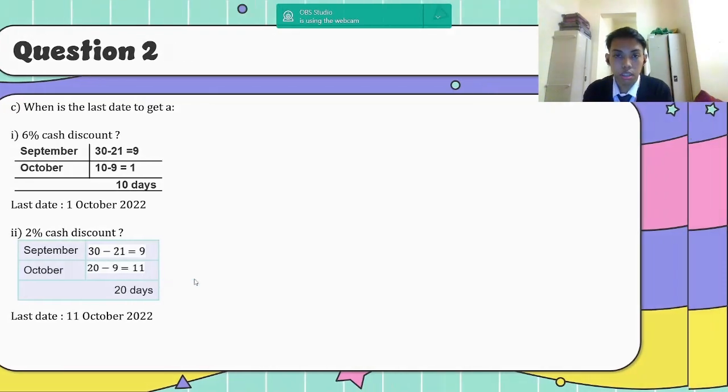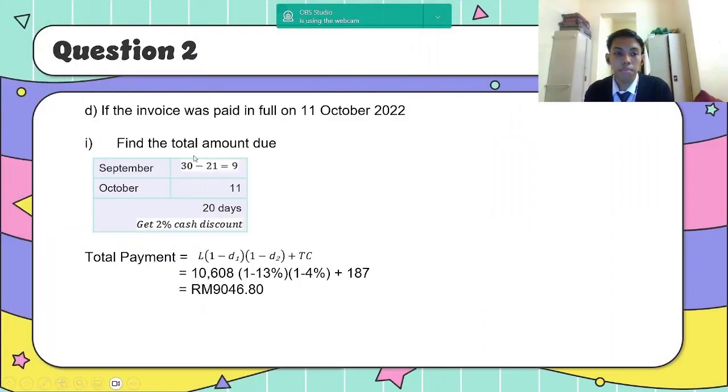So we move to the next question, D. If the invoice was paid in full on 11 October 2022, find the total amount due. This question is also the same as the previous question, but with some differences. In September, we need to minus 21 equal to 9.